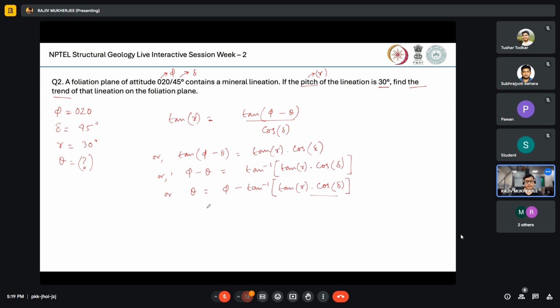Right. So we have the value 20 degrees minus tan inverse of tan r, that means the rake or the pitch, tan 30 degrees times cos delta, that means cos of 45 degrees.